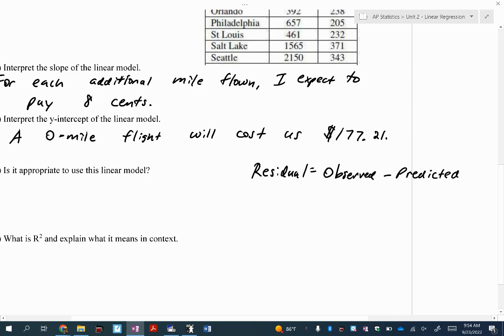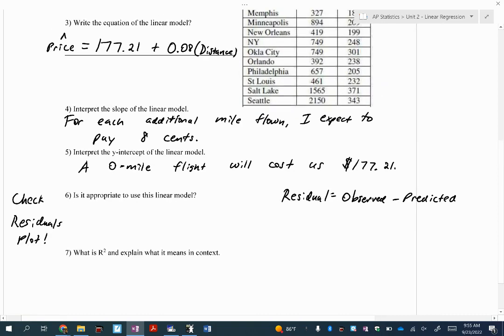The moment that you hit calc 8 and did linear regression, the calculator immediately made that model. It immediately made this line.